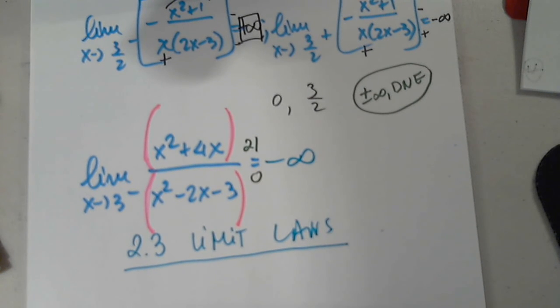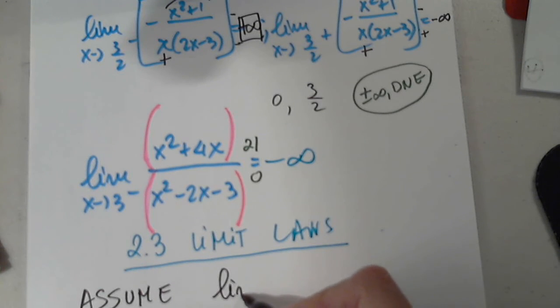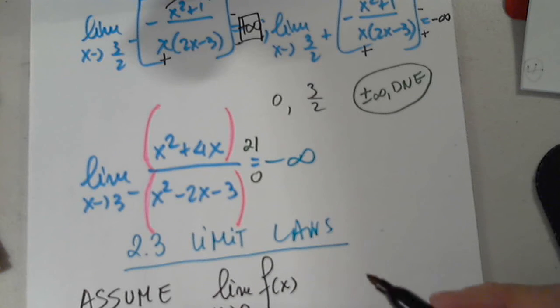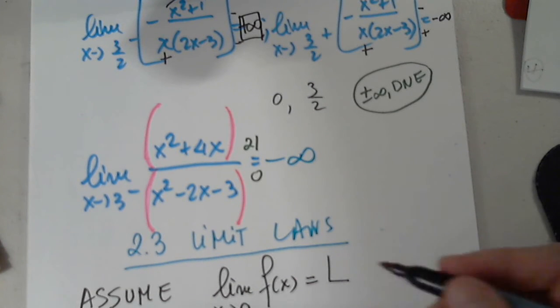Here are the assumptions. First of all, we haven't started listing them. Assume that the limit of f of x as x approaches a from either side is L. Any number, it doesn't matter. And the limit of g of x as x approaches a also exists, different number.